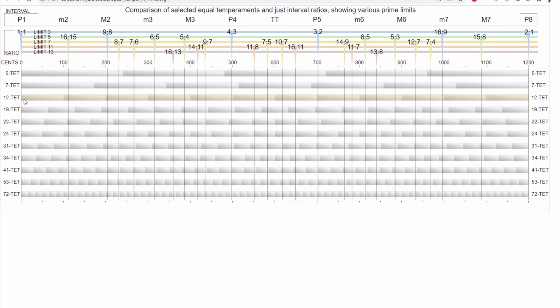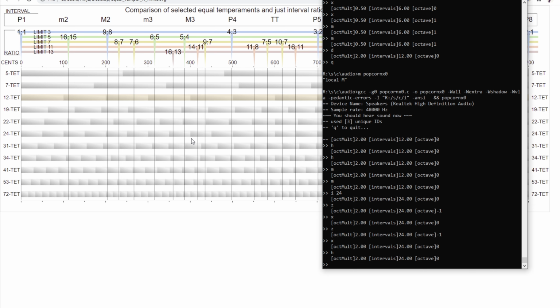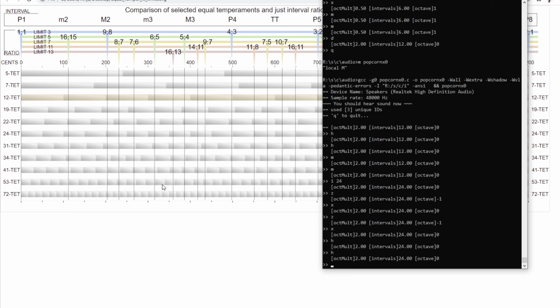So if a melody spans 12 steps like this, it will span like this. And something we can do to make it resemble more the original is multiply the octave by double the amount. So I can multiply the octave by 4.